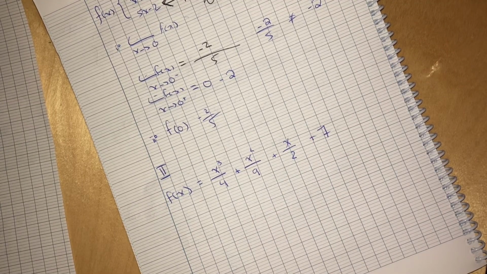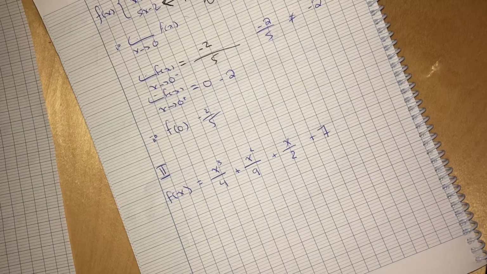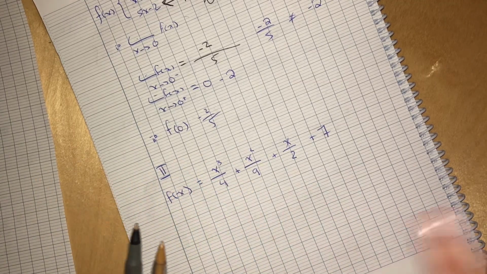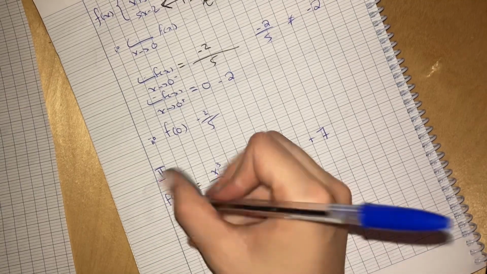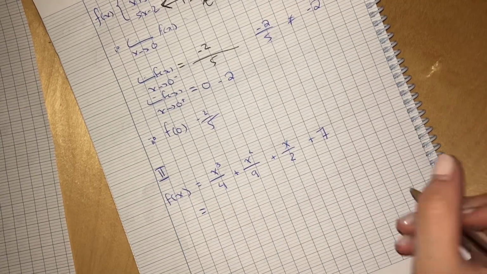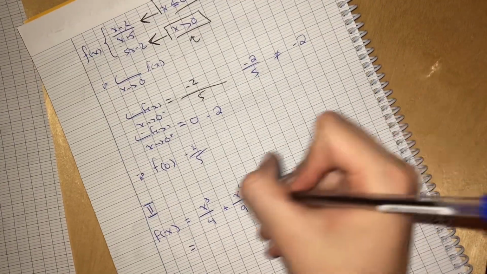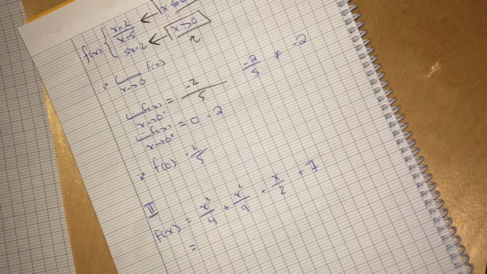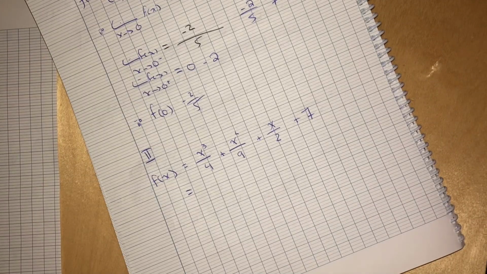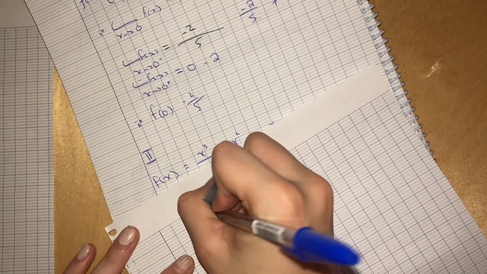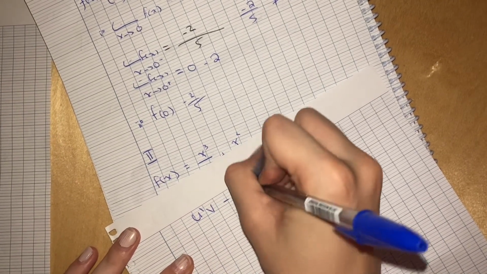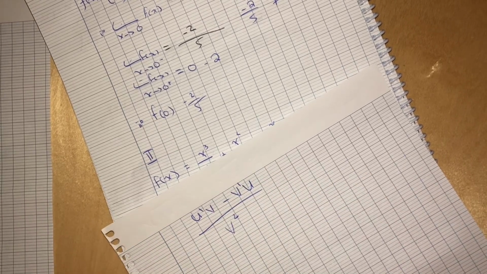So the way to solve this is to solve each individual term as a derivative. Let's solve this as u over v. I just ripped out a paper to make this easier. We're going to solve this kind of a long way, which is u prime v minus v prime u over v squared.